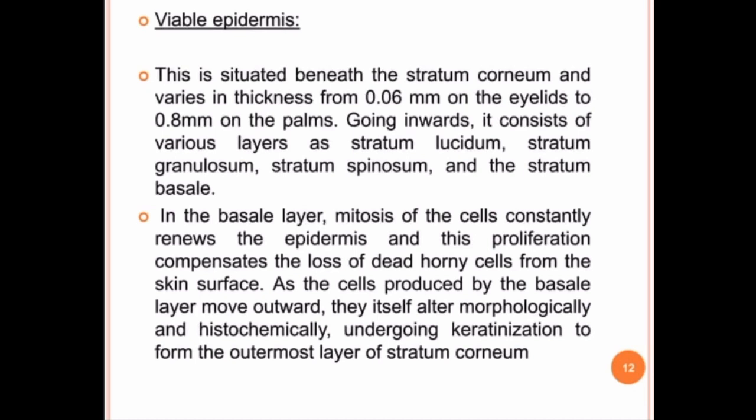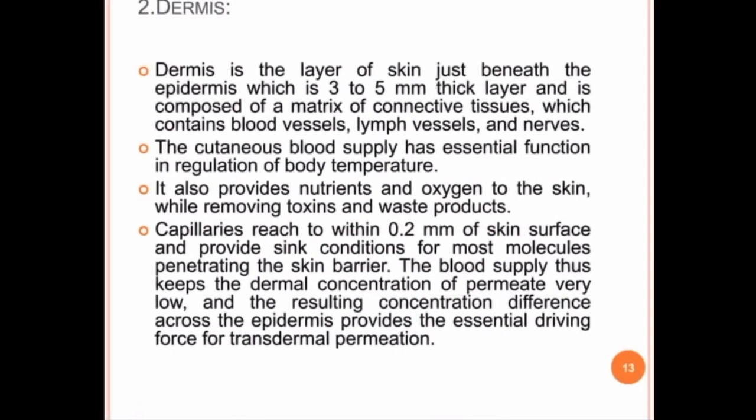And it consists of various layers as stratum lucidum, stratum granulosum, stratum spinosum, and stratum basale. In the basal layer, mitosis of the cells constantly occurs and proliferation occurs. The cells produced by the basal layer move outward and undergo keratinization to form the layer of the stratum corneum. Then comes the dermis.